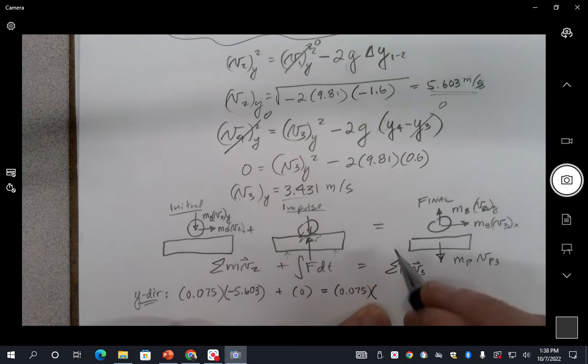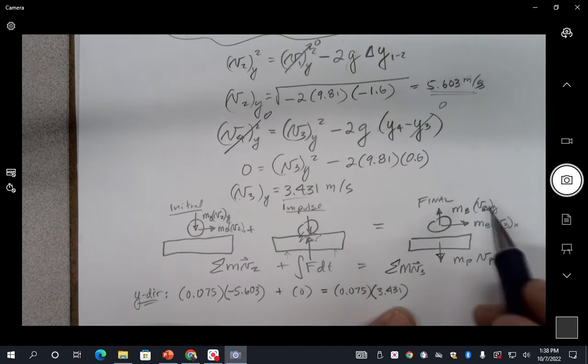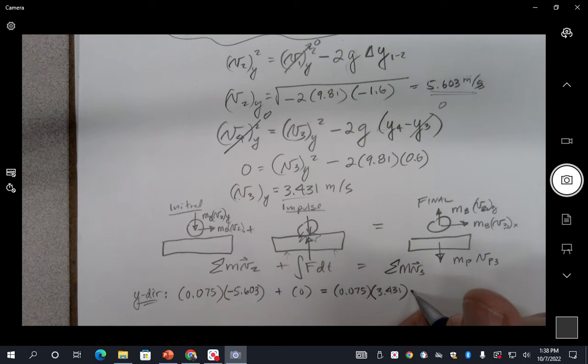Right there it is, 3.431, and it's positive. And then I'm going to have a minus, and that's good because of the direction I know this plate must go. And the plate's mass is 0.4, because that's 400 grams.